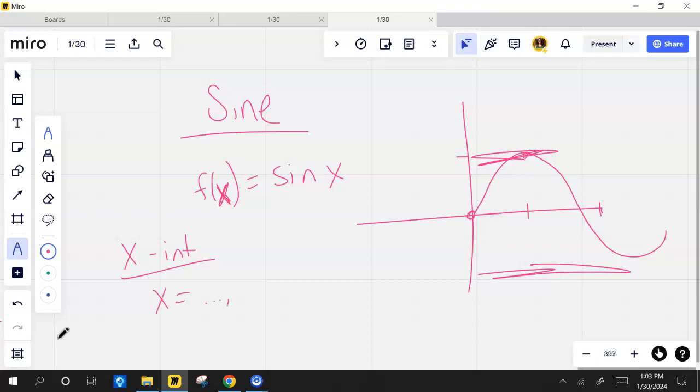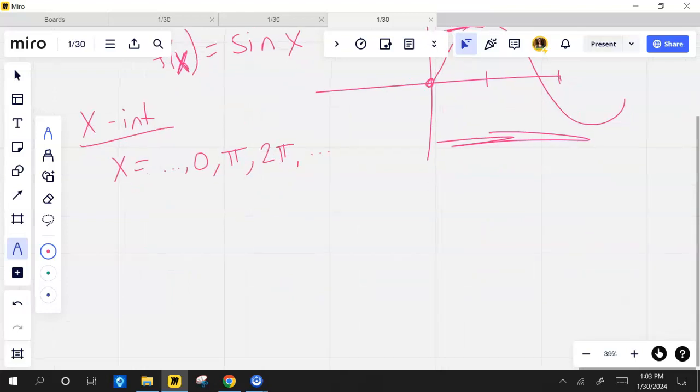We start at 0, it crosses the x-axis. It crosses again at pi. It crosses again when? Look at your graph. 2 pi, and it continues on in both directions in that way, so every pi.